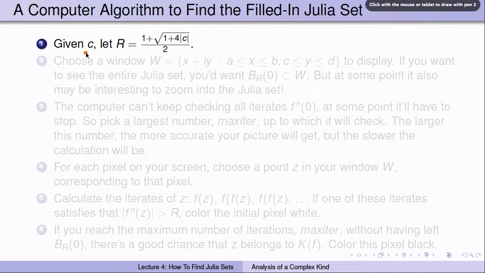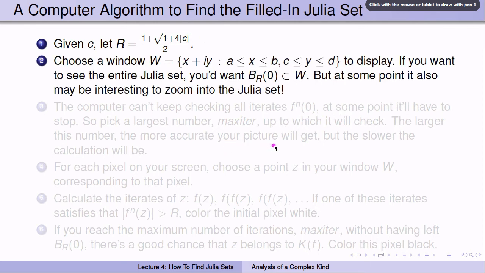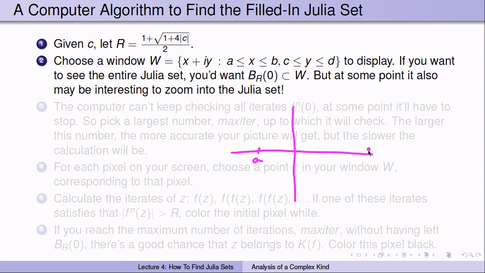Given a value of c, calculate that radius: 1 plus the square root of 1 plus 4 times the absolute value of c, over 2. Choose a window of z values that you want to check. So find some a and b and c and d, and you want to check which of these z values belong to the filled-in Julia set.